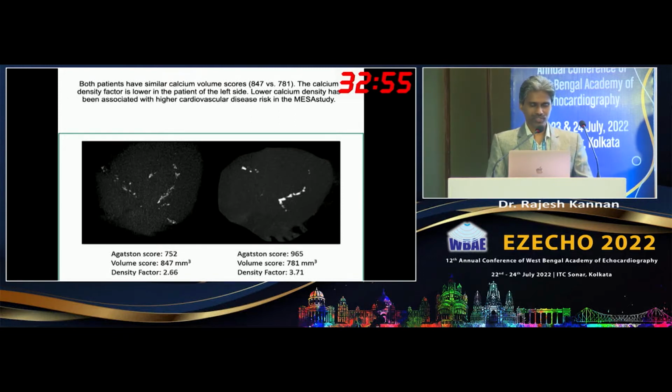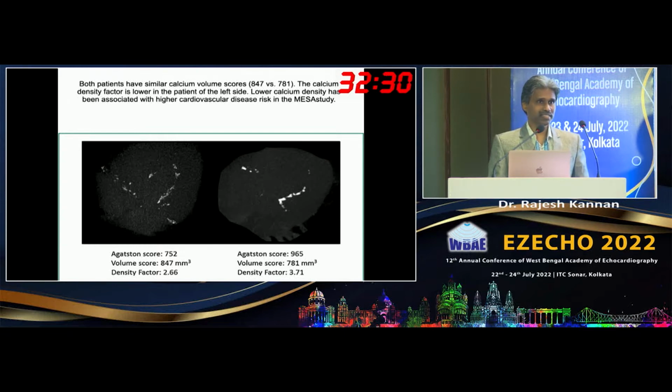If you look at these two cases, the volume score was nearly equal, but we can also look at how dense the calcium is. This is called the density factor, which we can also get when doing the calcium scoring. In this case the density factor was low compared to the high density in this case.